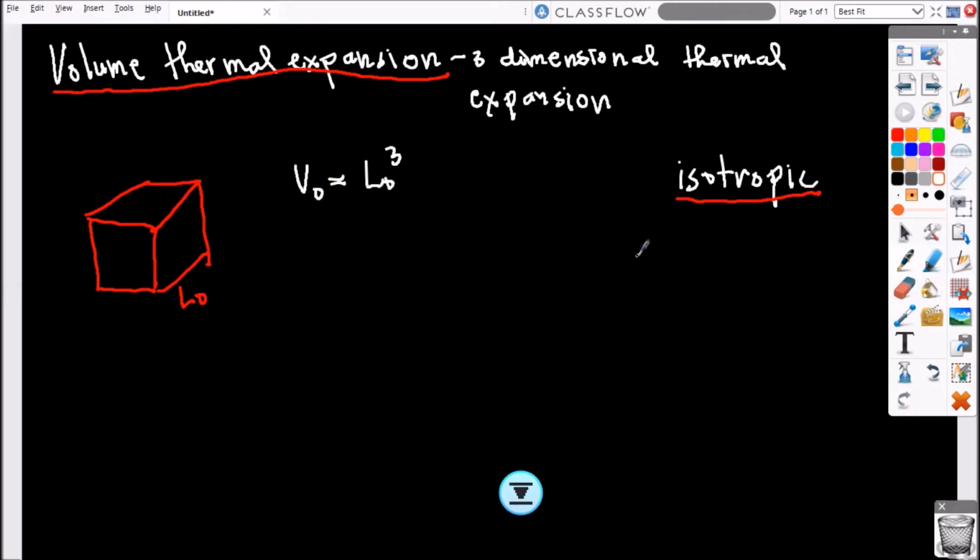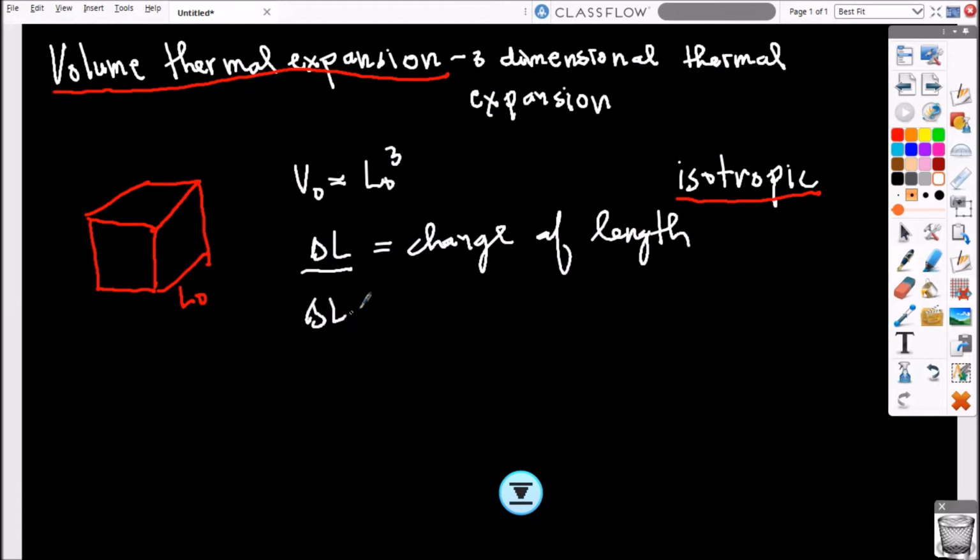All right, now after increasing the temperature of this cube, there is a change of length for every edge of this cube, delta L. And delta L in linear thermal expansion is alpha times the initial length times the change of temperature delta T. Now what will be the volume at the final temperature, or the final volume?